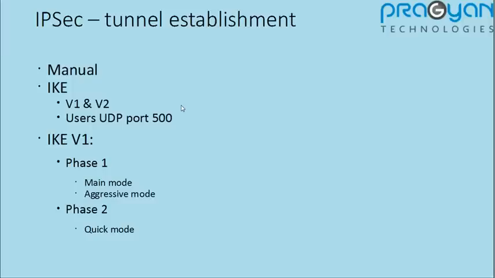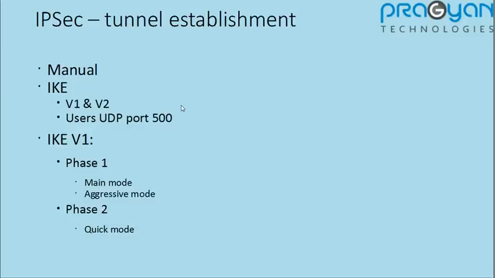Now we look at how an IPSec tunnel gets established. When it comes to IPSec VPN, there are typically two key steps. One is, once you configure the VPN, the tunnel needs to get established. What does VPN tunnel establishment mean?